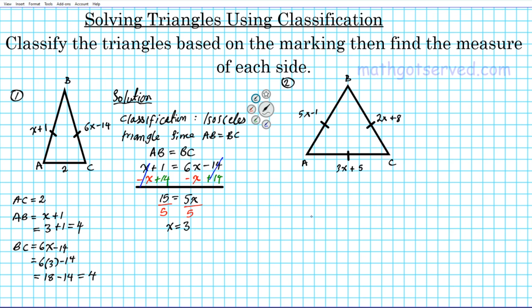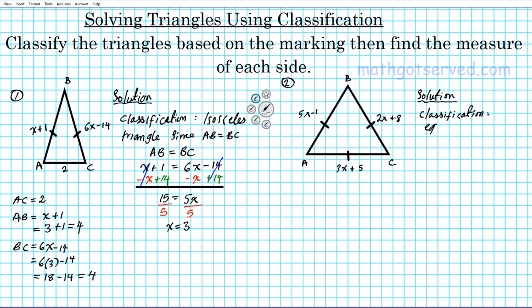Now let's move on to number 2. Let's start off by classifying this triangle. We notice that all three sides are marked with the same number of tick marks, one tick mark namely. So what kind of triangle is this?